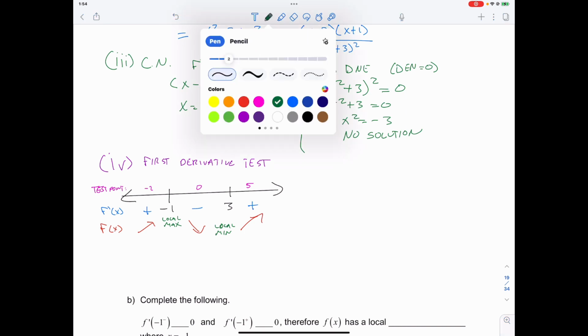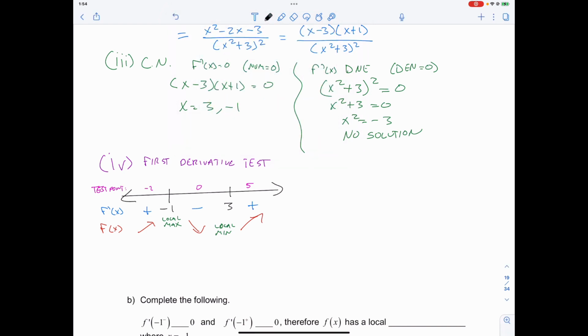And then I'm going to use that for part 5 to solve my y values. So I'm going to take f of negative 1, using my original function, 1 minus negative 1 over (negative 1) squared plus 3, and that's going to give me 2 over 4, or 1/2.